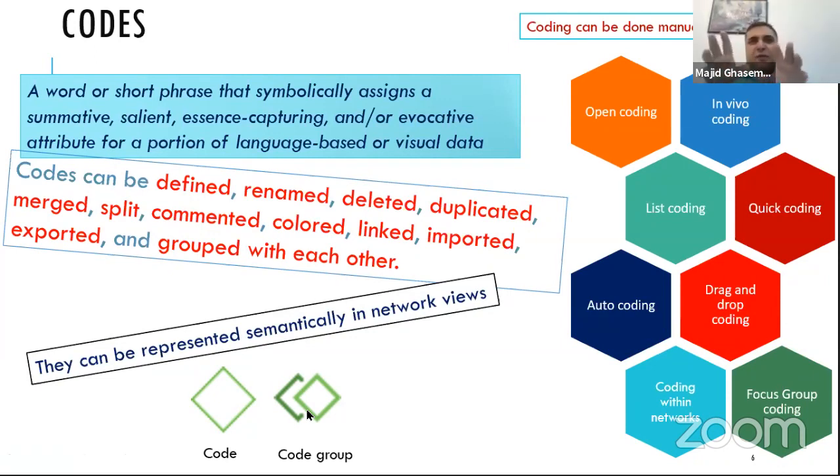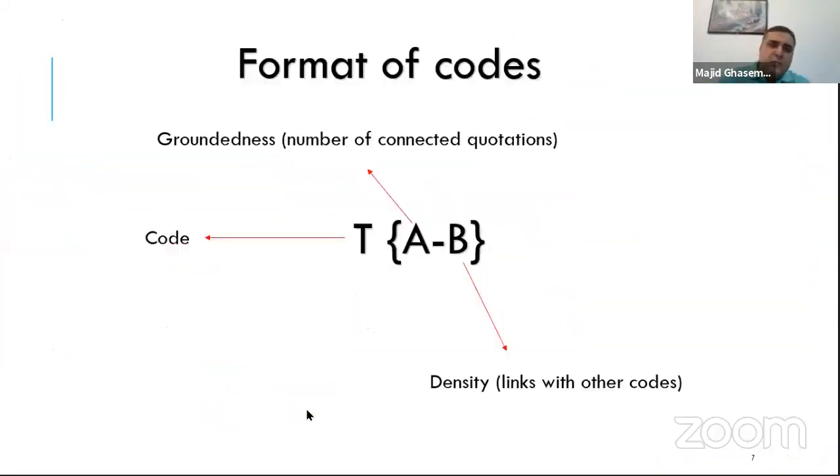And one more thing, if you want to relate quantitative and qualitative research to each other, you can somehow say that codes are like the variables in your research. So when it comes to networks, and I will draw some networks for you, maybe you can understand this easier.